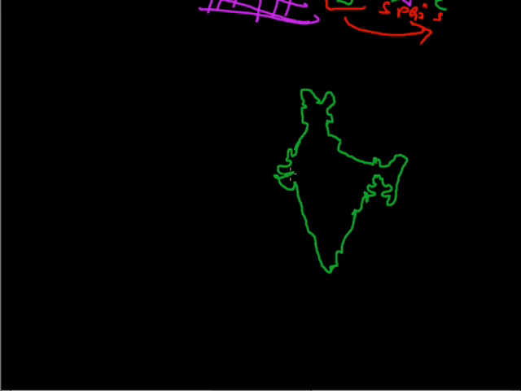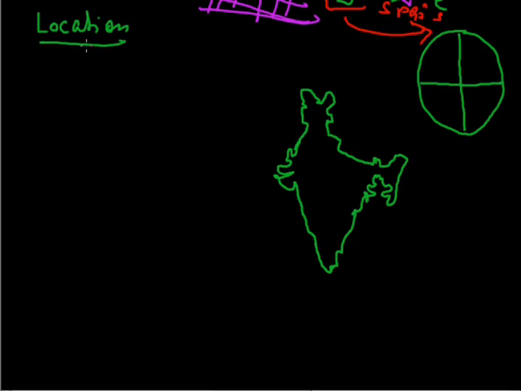Now this is India. And this is our Earth, equator and 0 degree line. Now let us do the location of India. First we will do the latitudes.